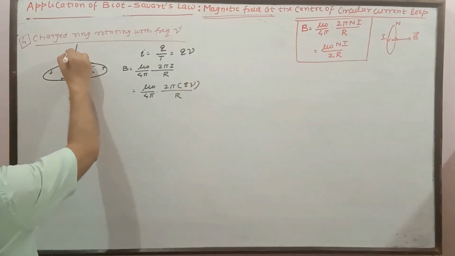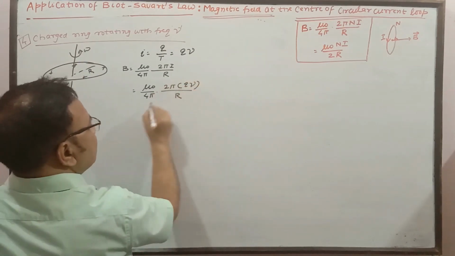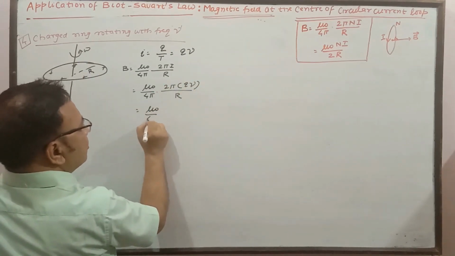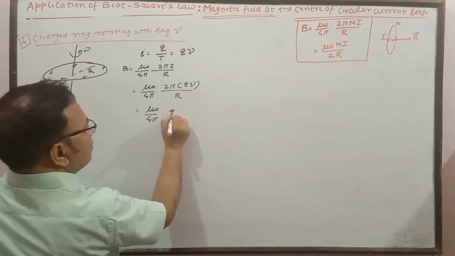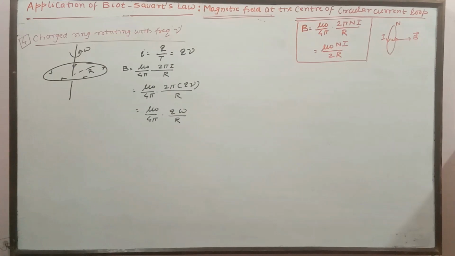Even if omega, the angular speed of rotation, is given, you can find it out. 2 pi nu is omega. So this can also be determined as mu naught by 4 pi q omega divided by r. So you can use that to find the magnetic field at the center when a charged ring is rotating with frequency nu.